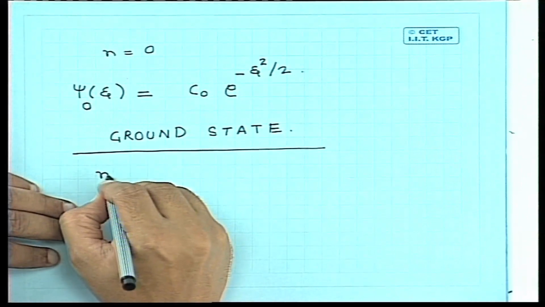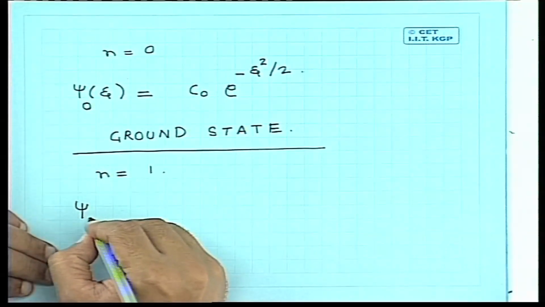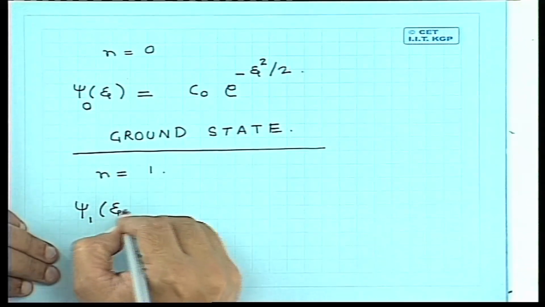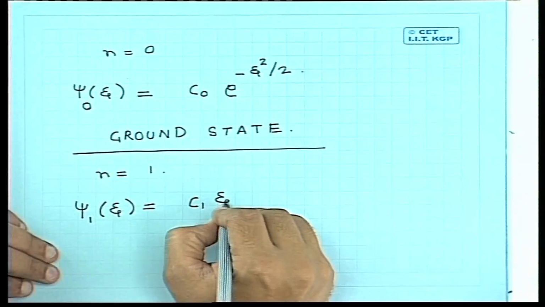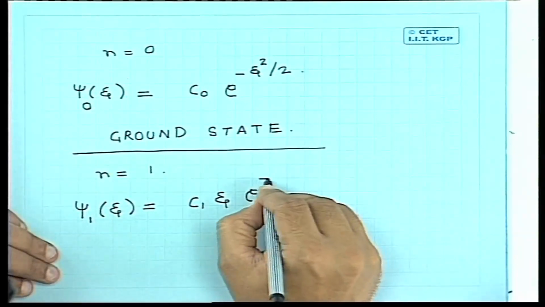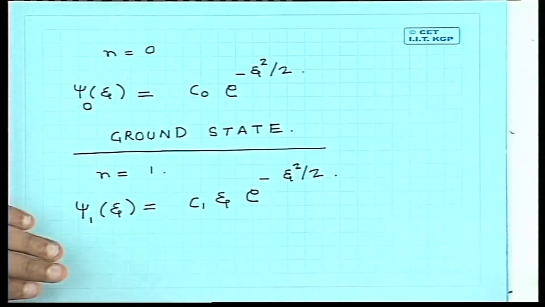Let us also look at n equal to 1. So psi 1 of xi is equal to C1 into xi into e to the power of minus xi squared by 2.